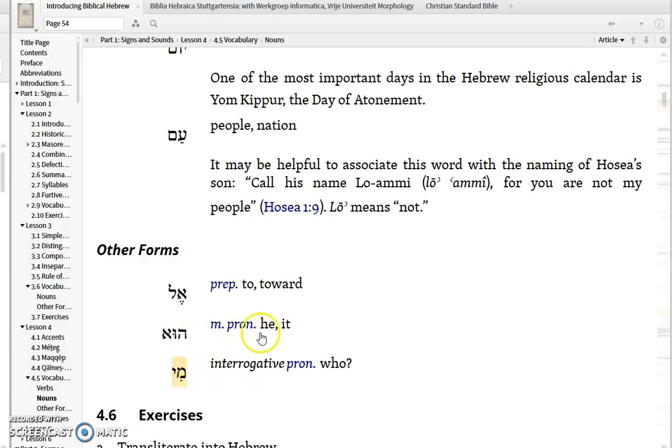So who means he or it, depending on what the antecedent is. It could be a thing that happens to be masculine in gender. But then if you have the form he, that would mean she or it, depending on whether the antecedent of the pronoun is a person or a thing, a feminine thing. But then me means who, but it introduces questions. Who, interrogative, or who are you, or who is he? Me who is he? That would be using that as introducing a question.